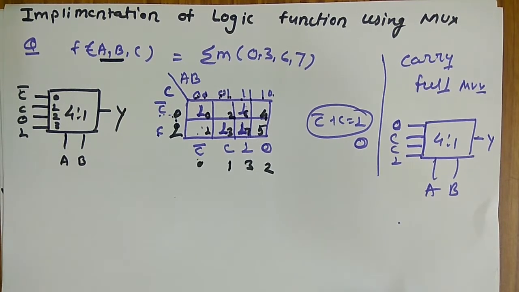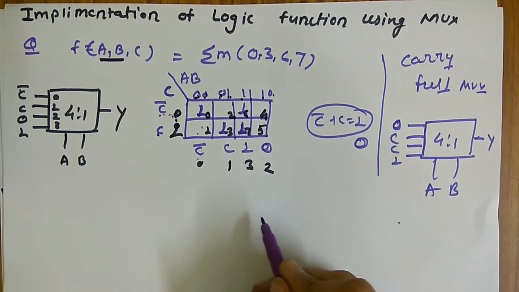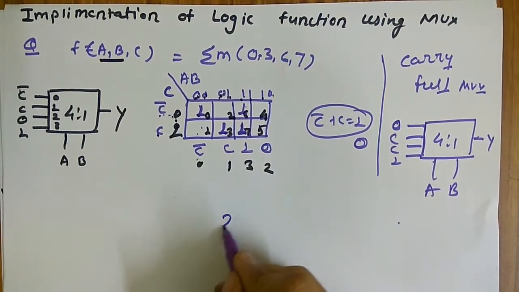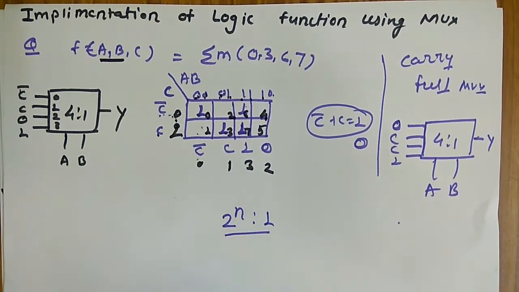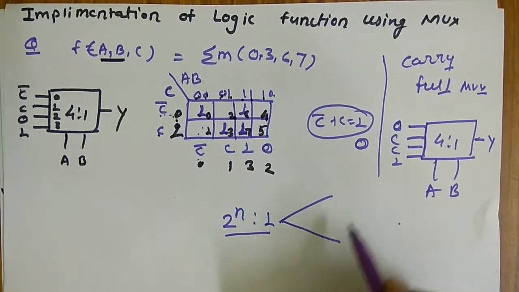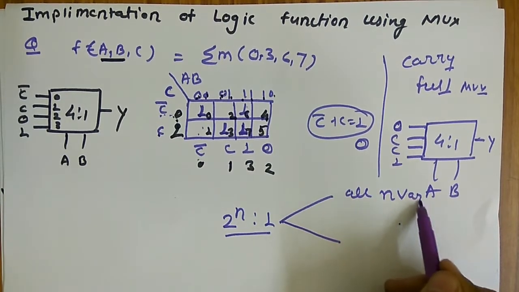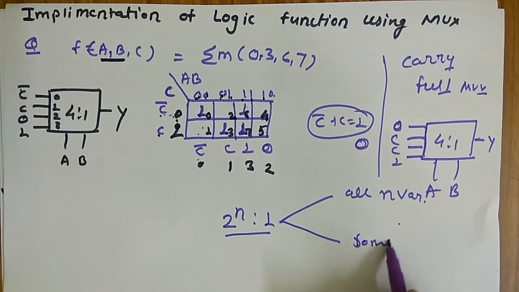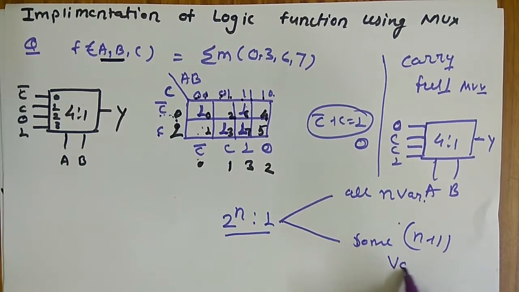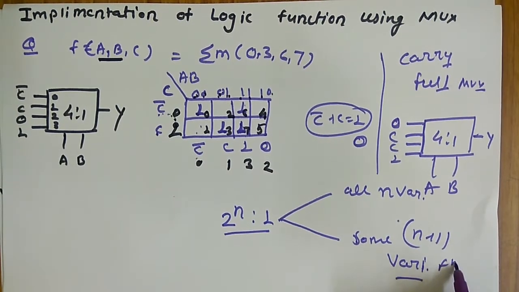And then, as we discussed yesterday, if we have to implement an n variable function, in a different way, as we know that we write a MUX as 2 to the power n raised to 1, by using this we can implement all n variable functions and some n plus 1 variable functions using this one.